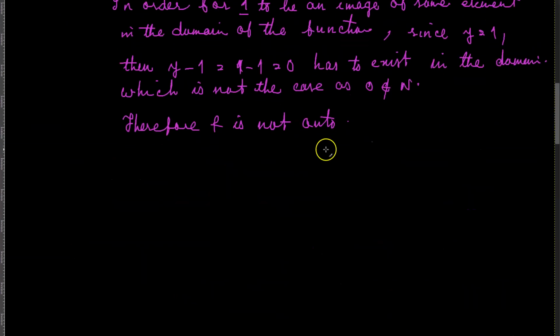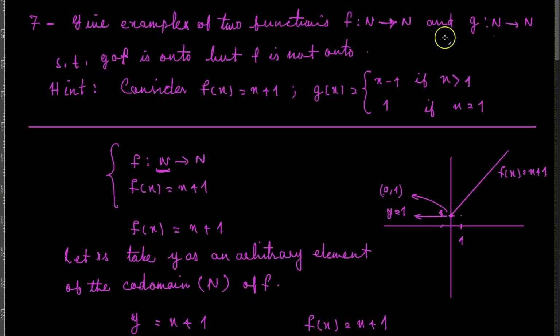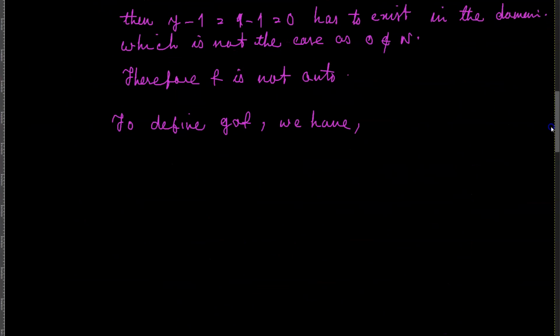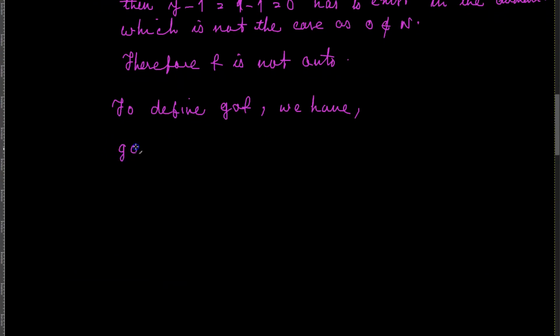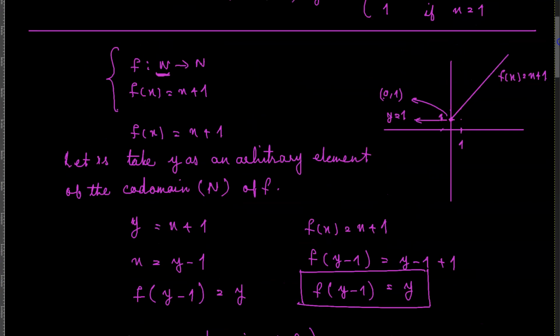So now in order to define g∘f, we have, so g∘f is going to be some function from n to n, of course, right? So g∘f is a function from n to n. And the rule of this function is going to be as follows.